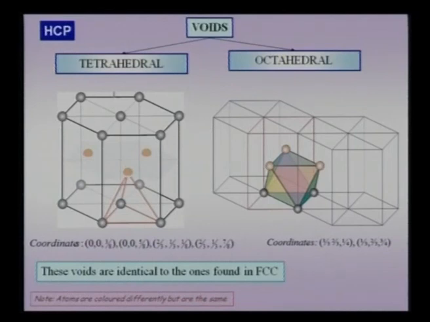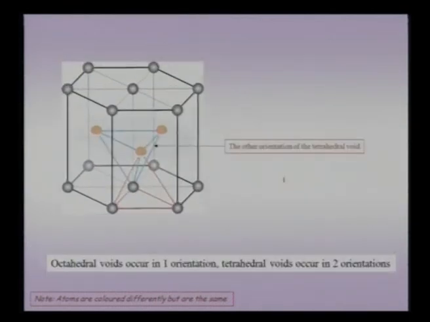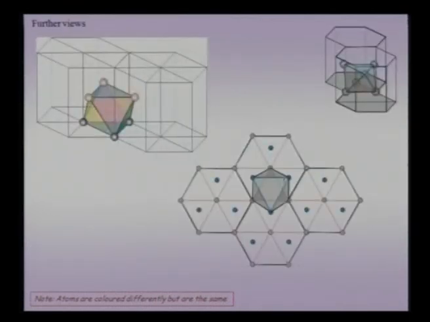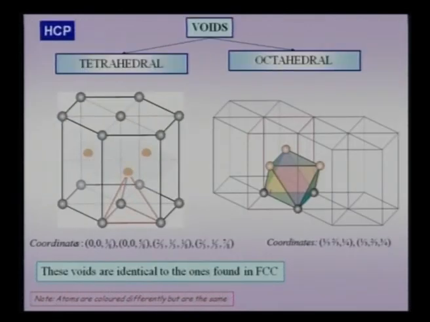The difficulty in visualizing the octahedral void comes from the fact that it is sitting not within a single unit cell, but within multiple unit cells. Suppose this is my unit cell, it is sitting between one unit cell, the second unit cell and the third unit cell. So, it is shared between 3 unit cells, and this makes visualization of this octahedral void more difficult.